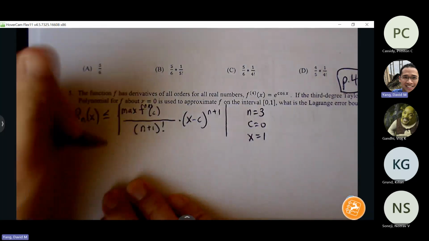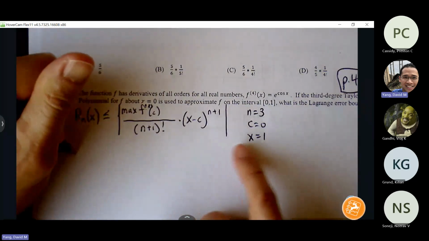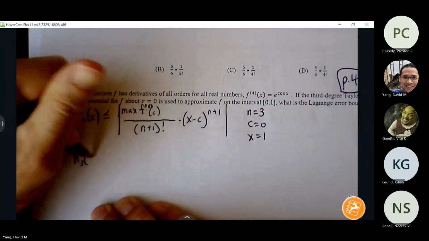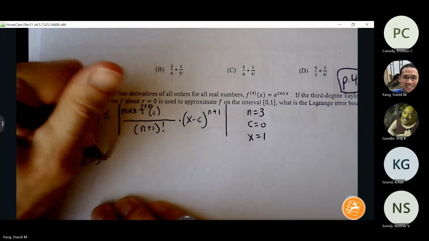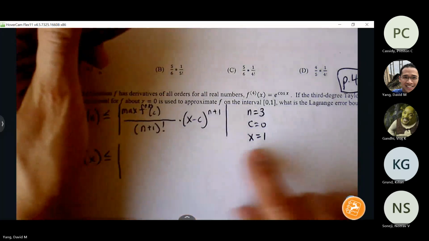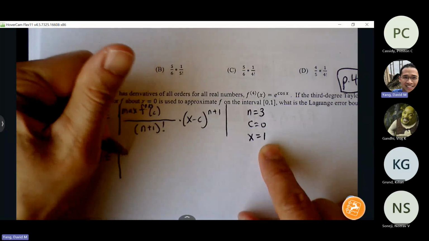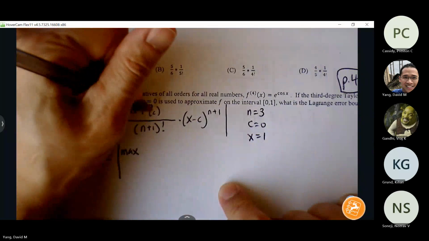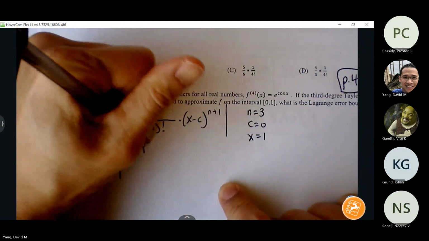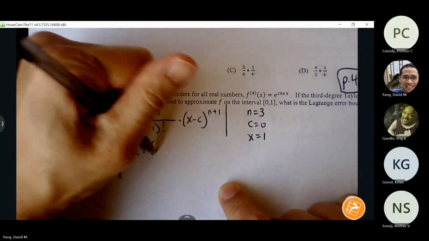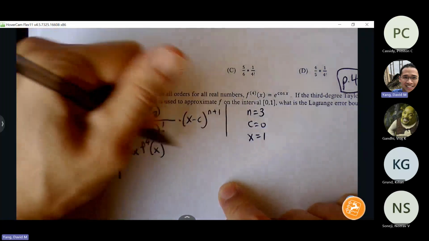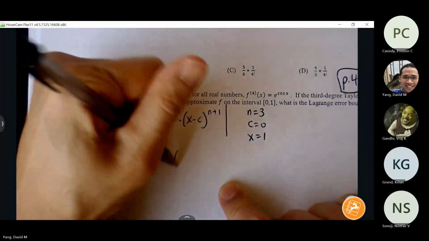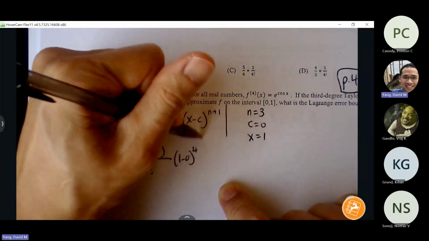So I want to find R sub n of x, replace n with 3. I want to find the max of f of n plus 1, that's f of z here, sorry, over 4 factorial, times 1 minus 0 to the 4th.